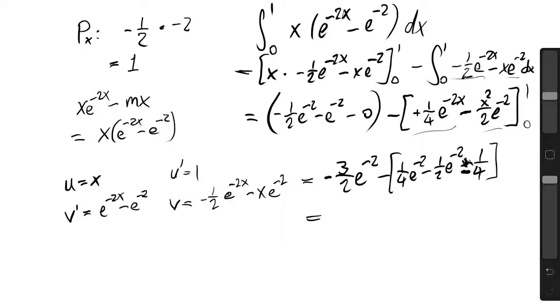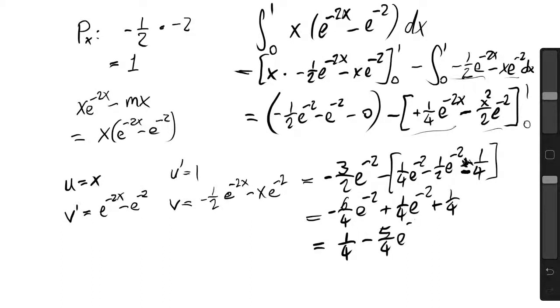So we have 6 on 4 e to the minus 2 plus a quarter e to the minus 2, and that adds a quarter, which would give me 5/4 e to the minus 2 as my final solution, and this is the exact region.